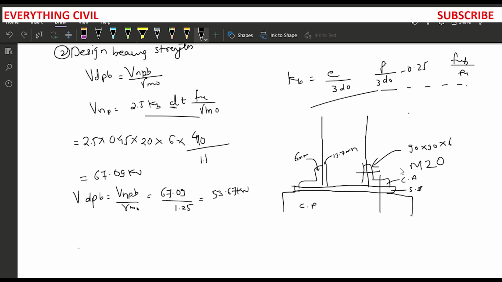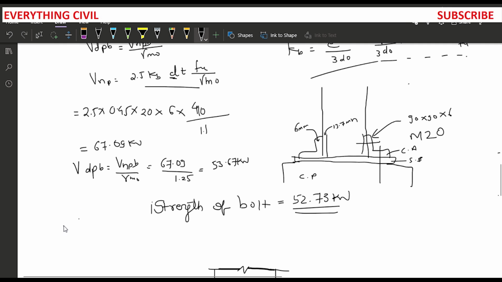Now if you compare the design shear strength and the design bearing strength, the lesser one will be the strength of the bolt, and that will be the governing factor for design. So amongst shearing and bearing, the shearing strength was lesser, so I'll write it down as 52.73 kilonewton.